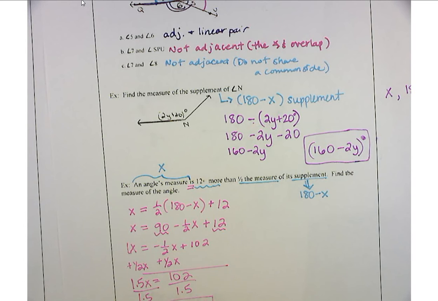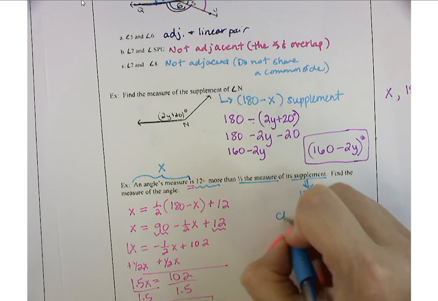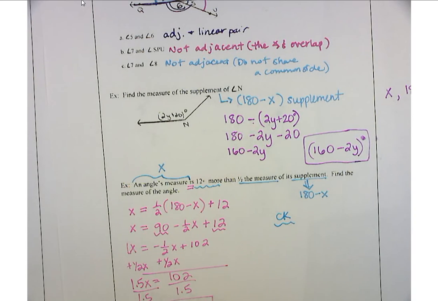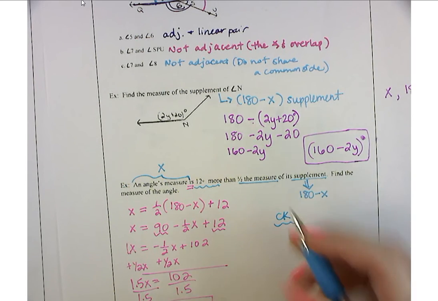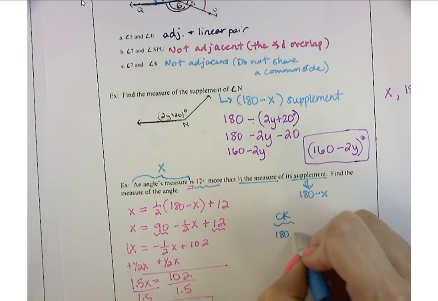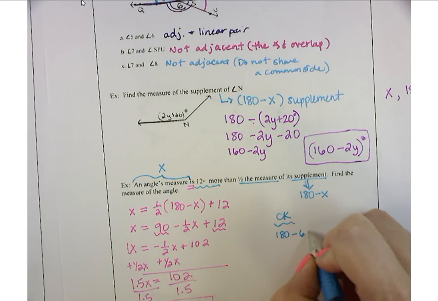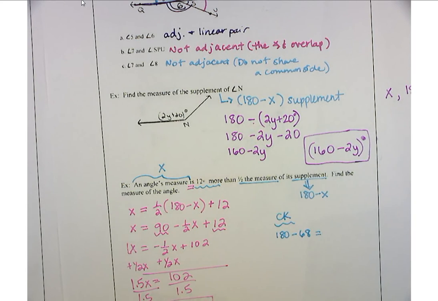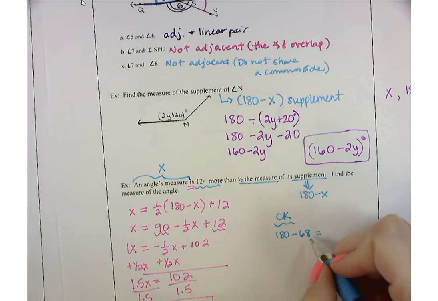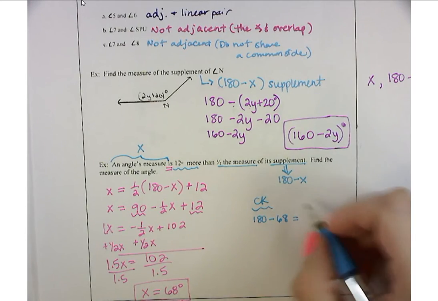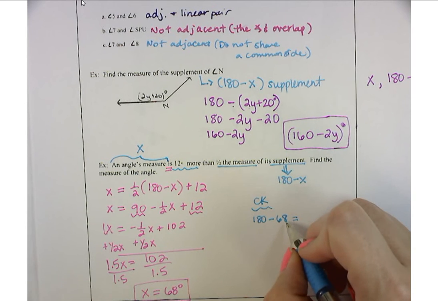And then this is something that you could also check. So an angle measures 12 more than half the measure of the supplement. If you have 180 minus 68, you can use that to find your supplement. So if you're doing this without a calculator, just add up. So I would add 2 to get to 70, and then 110 to get to 180.